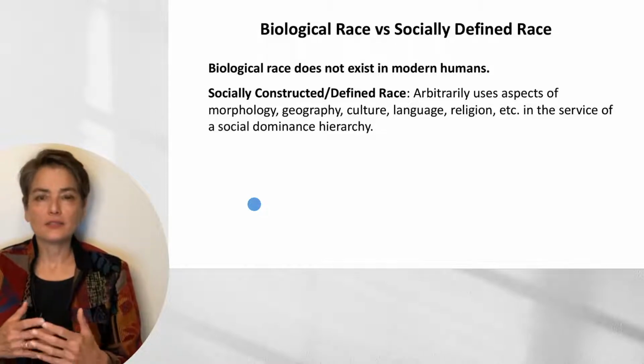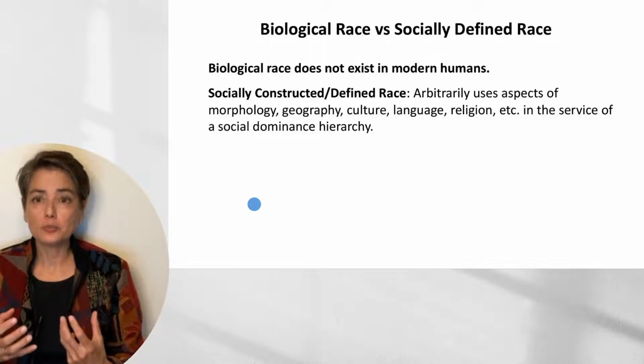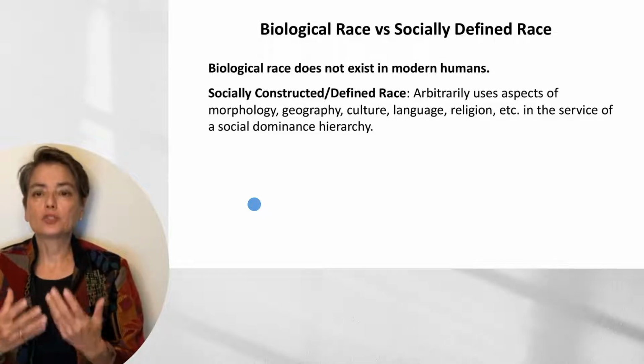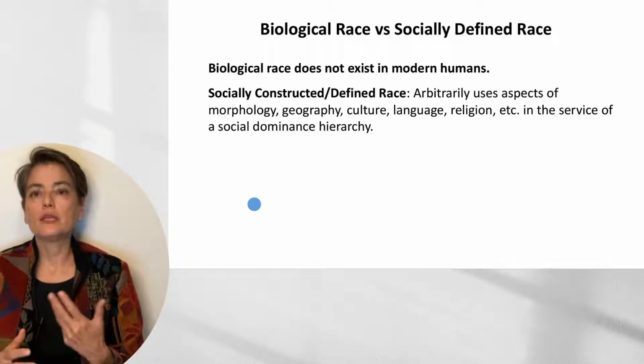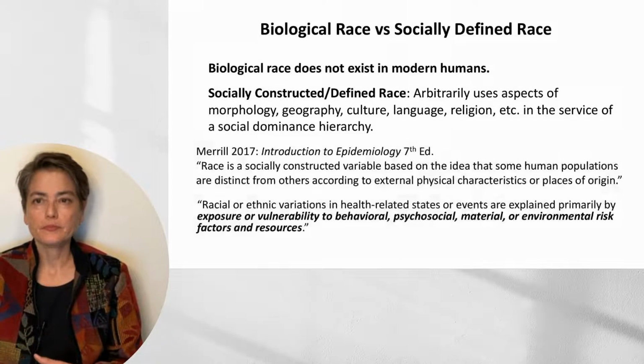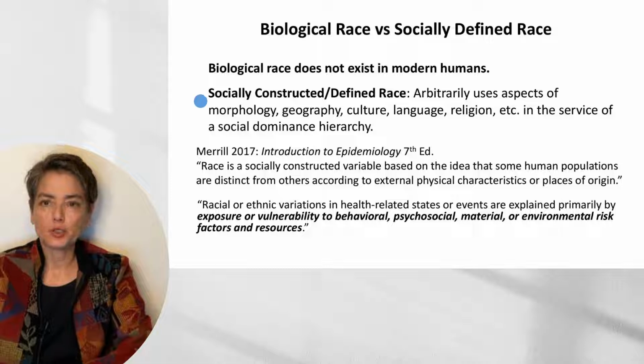So it is not some sort of biological truth that there are distinct groups. This is something that has been created for a social dominance hierarchy, and this really began in periods of colonialism and enslavement. So biological race does not exist, but we do have socially defined race.